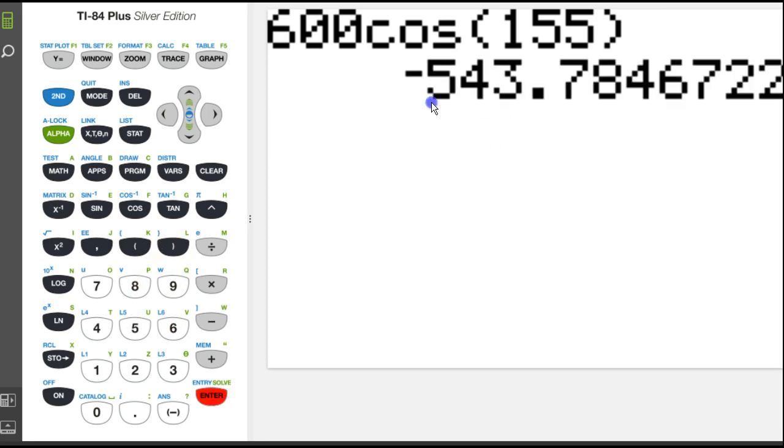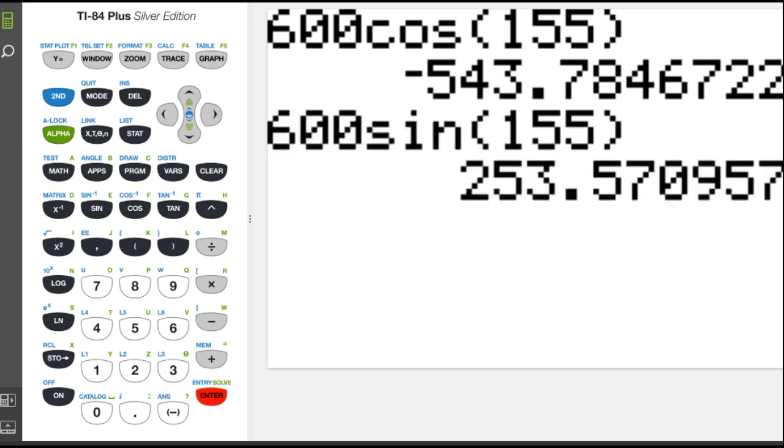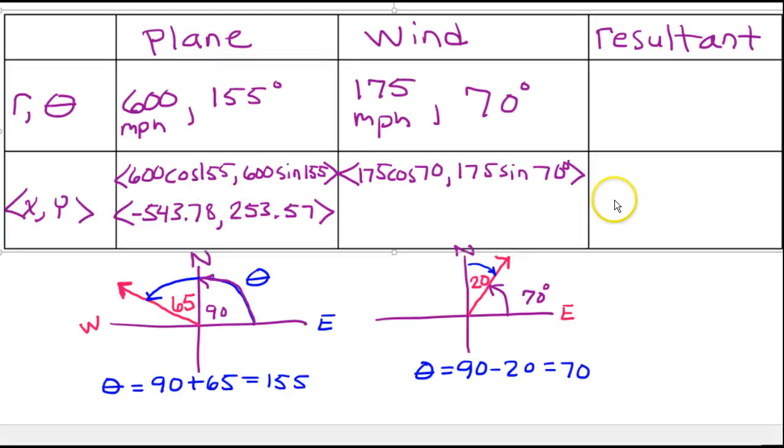Okay, that is negative 543.78. Similarly, the vertical component will be 600 sine 155, and that's 253.57. So there we have the component form for the plane speed.